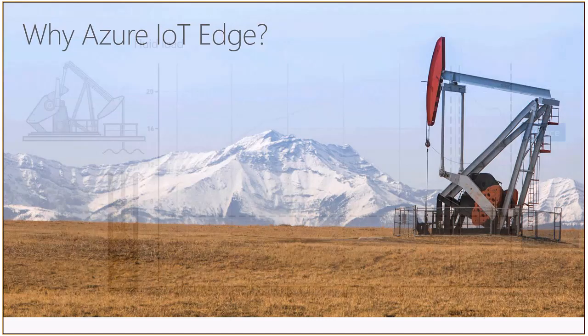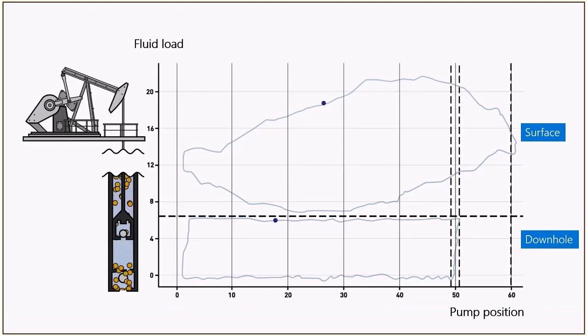So if you look at this slide, basically what's going on here is there's oil being pumped, right? As the pump goes up on the y-axis, you see that the pressure goes up, and on the x-axis is the location of where the pump is, right?